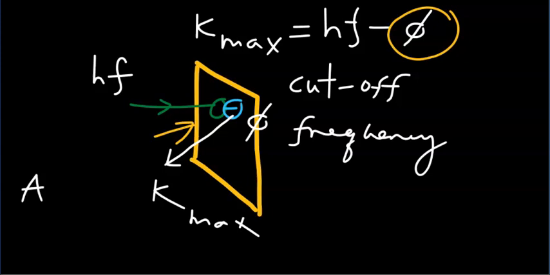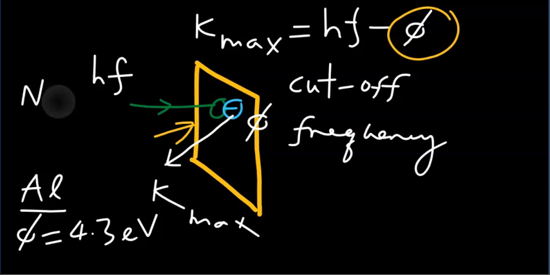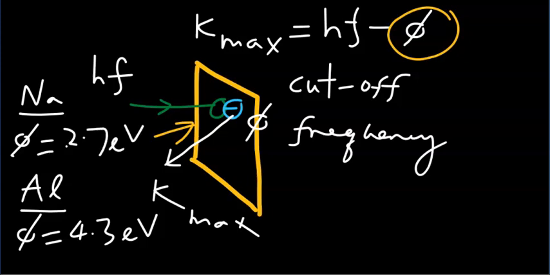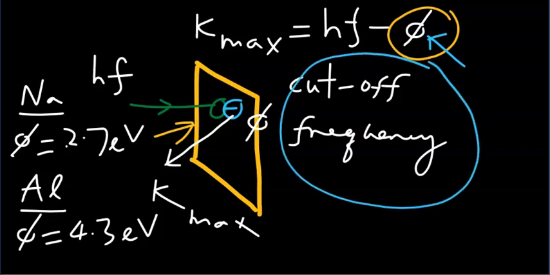For example, for aluminum, the work function is 4.3 electron volts. For sodium, the work function is about 2.7 electron volts, and so on. So work function is instrumental in determining the cutoff frequency.